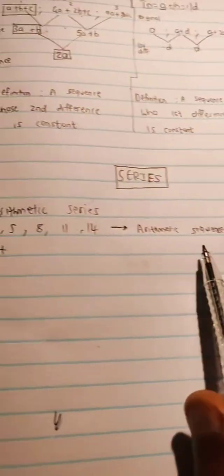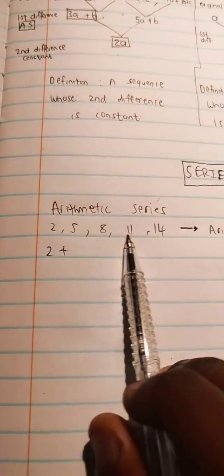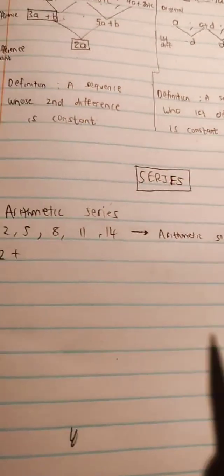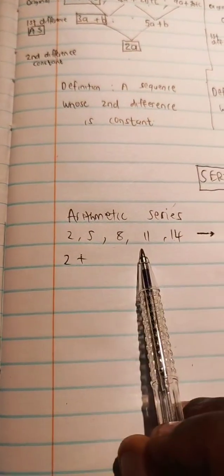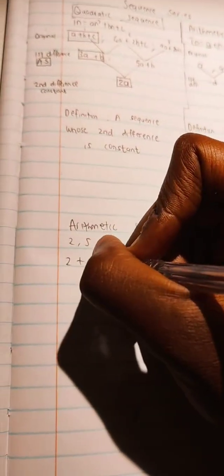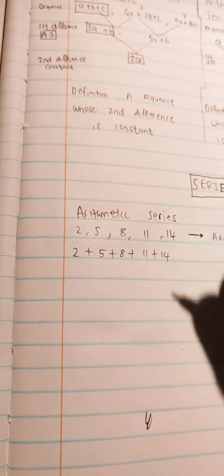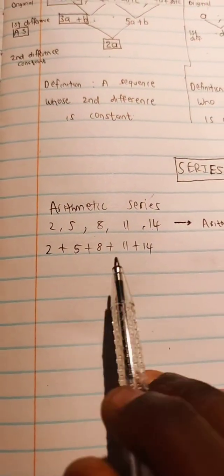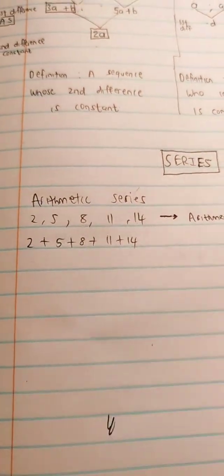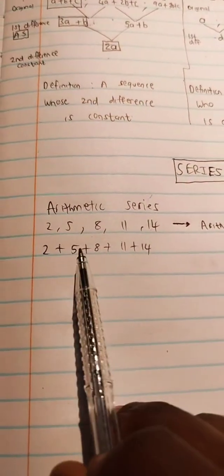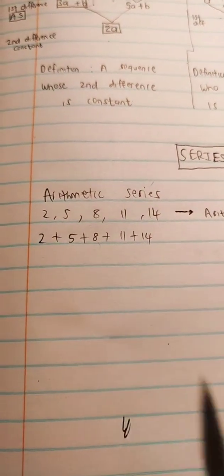The minute you take the very same arithmetic sequence that has a constant difference of 3 and a first term of 2, and you do this, it is now not a sequence, meaning an ordered list of terms.